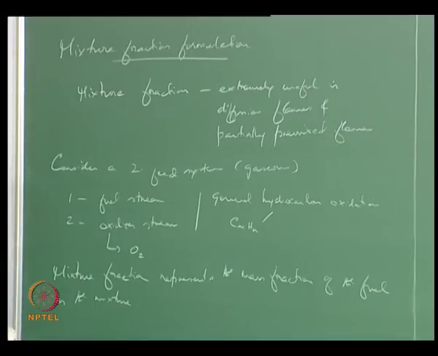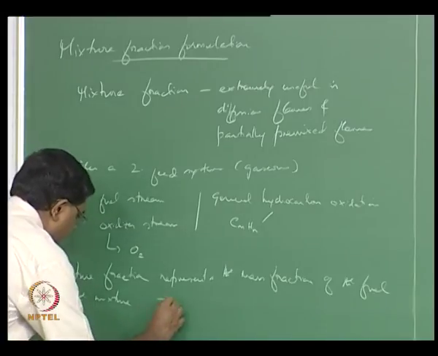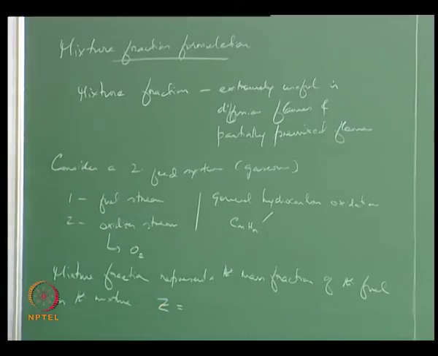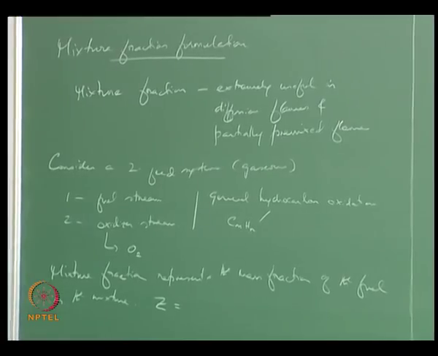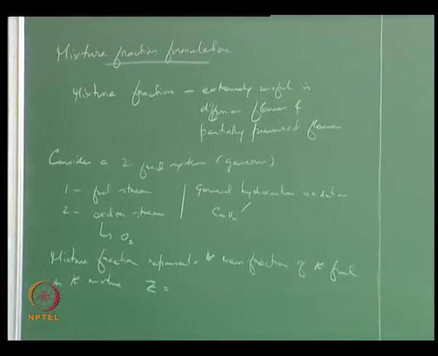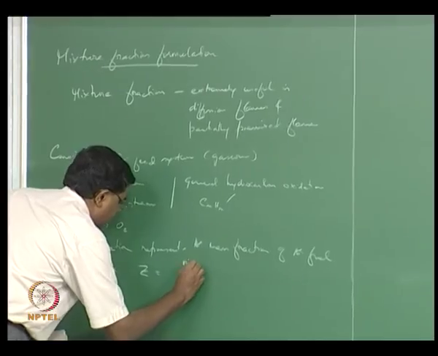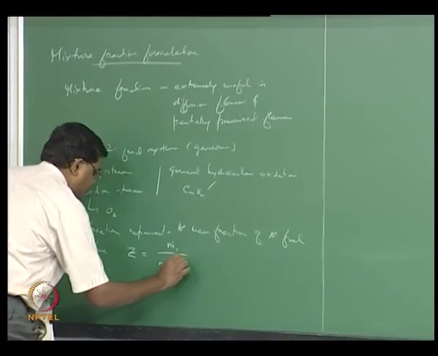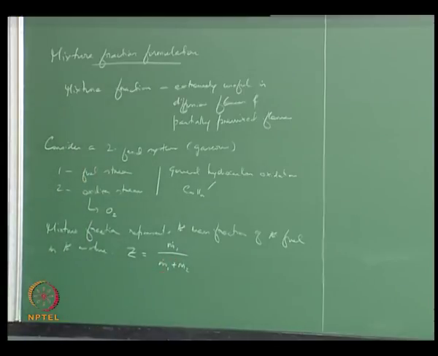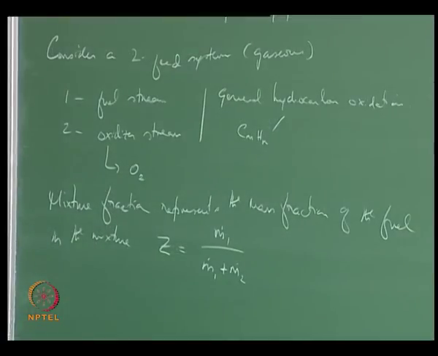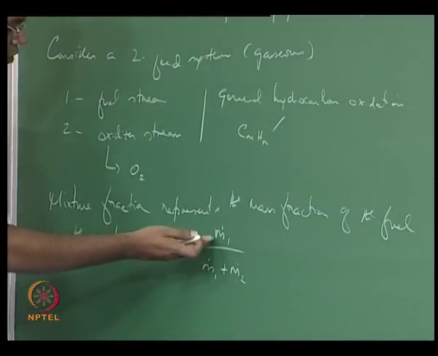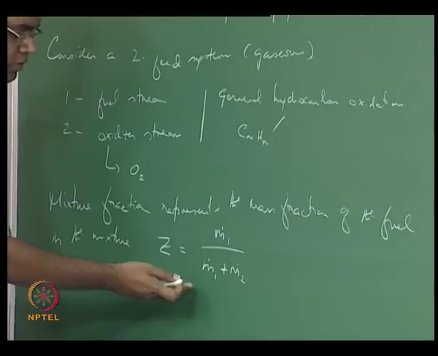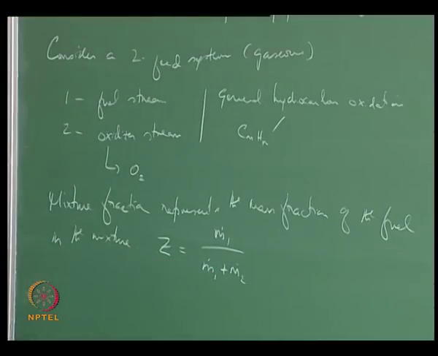That means let's say Z is the symbol given to mixture fraction, then this is basically m dot 1 divided by m dot 1 plus m dot 2, where m dot 1 is the mass flow rate of the fuel stream, and m dot 2 is the mass flow rate of the oxidizer stream.